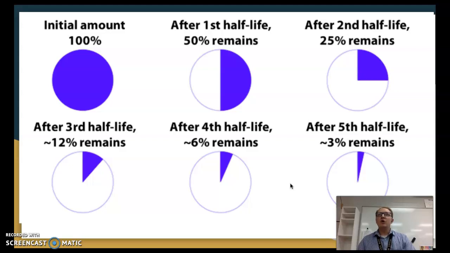Let's just say we have 100 atoms, and they are unstable, and they are going to decay to become more stable, all right? So 100 atoms. After one half-life, we'll tell you how long that is in just a second, 50 of those atoms have decayed and become something different and more stable. And 50 of those atoms are still unstable. Okay, they haven't decayed yet.